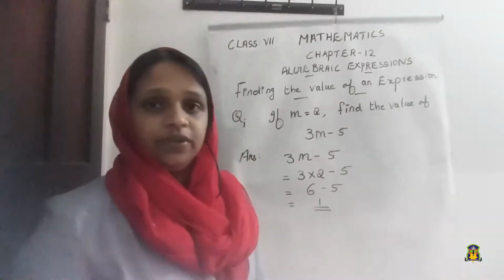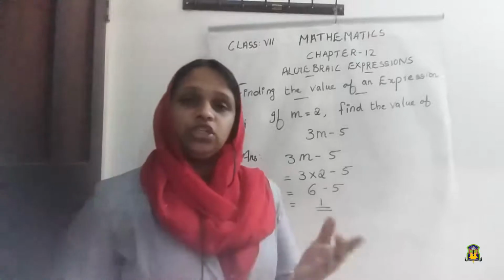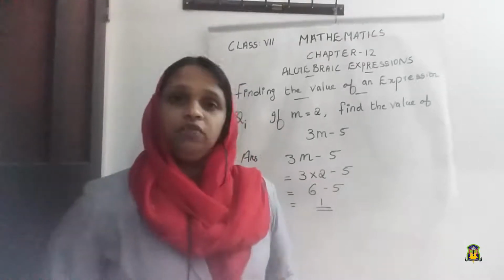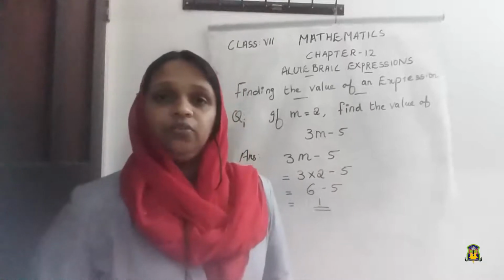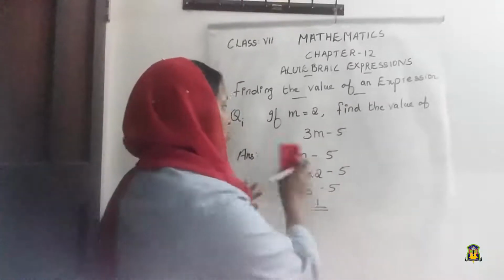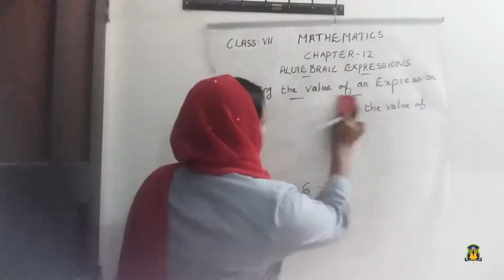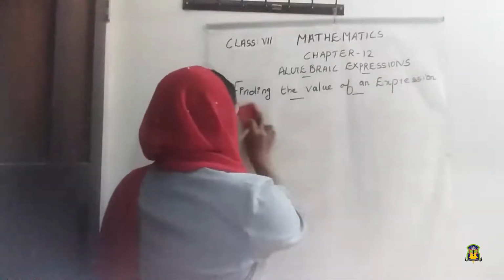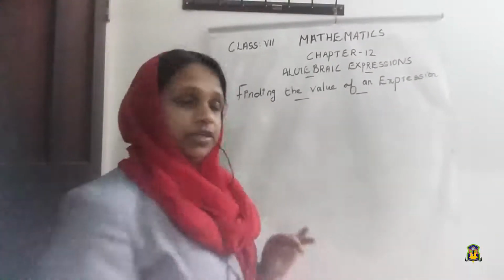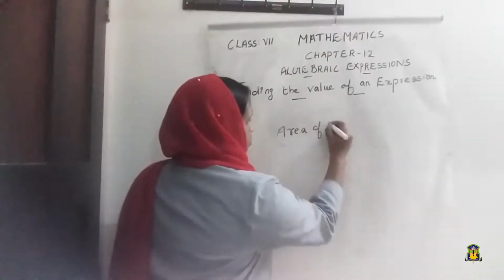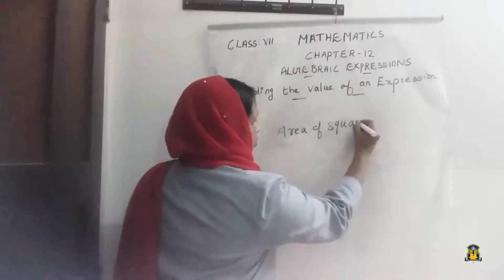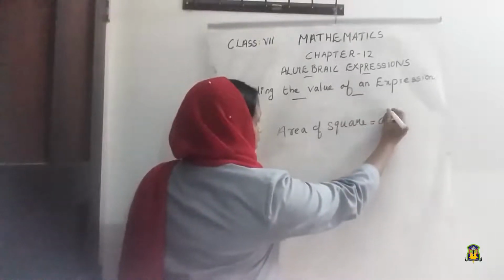Okay students, got it? Suppose in geometry we used to find the area of a square. We know the formula for the area of a square. What's the formula? Area of square is equal to a square.